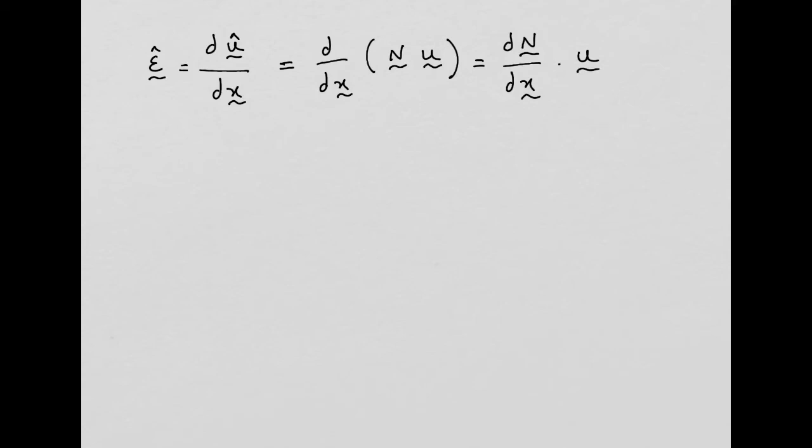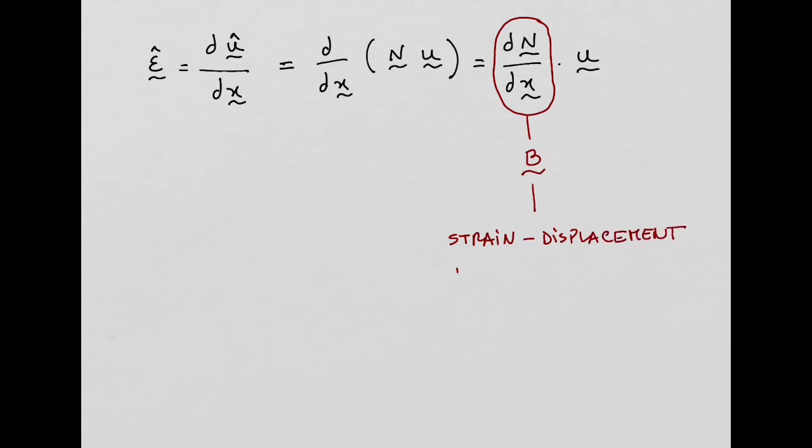And now this is the first term that I'm going to introduce here that belongs to the finite element world, if you want. So these derivatives of shape functions, this is known as the B matrix, also known as the strain displacement matrix, okay?